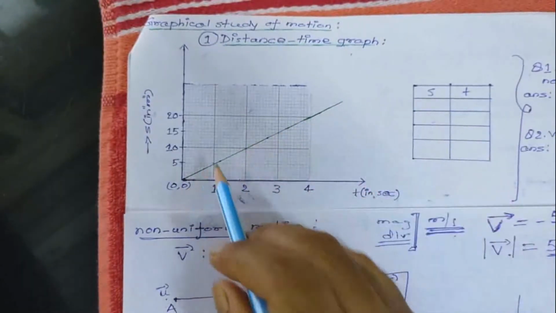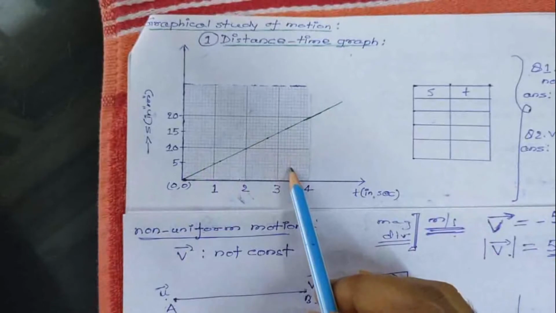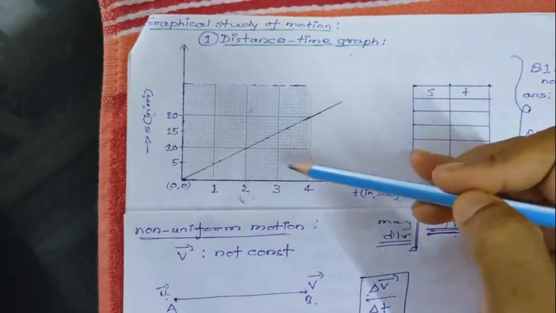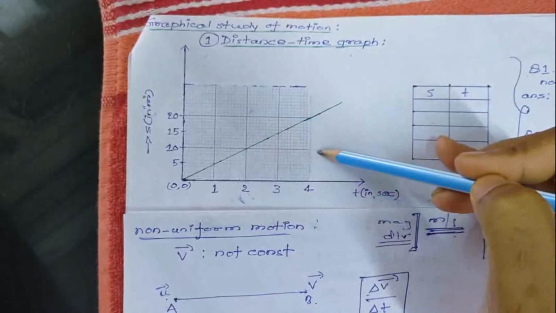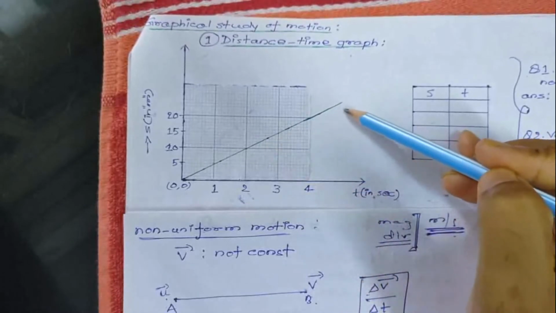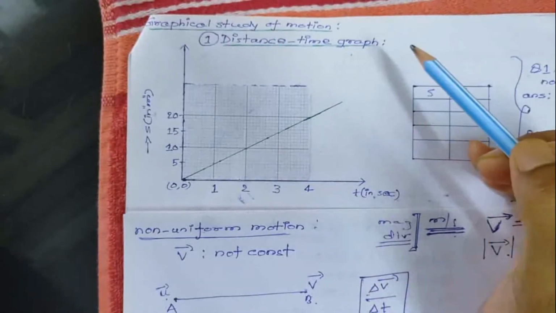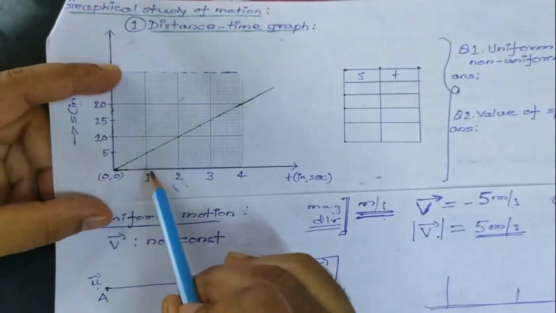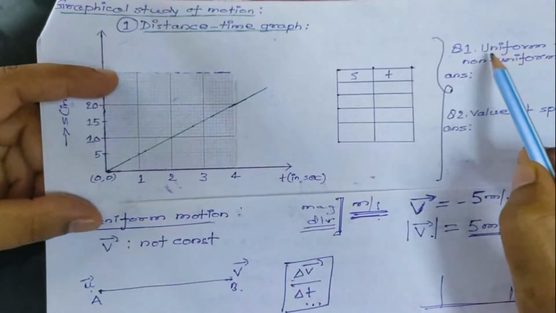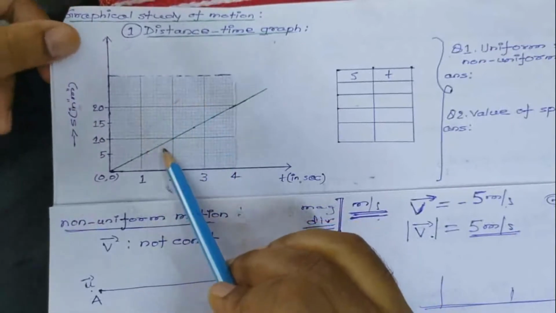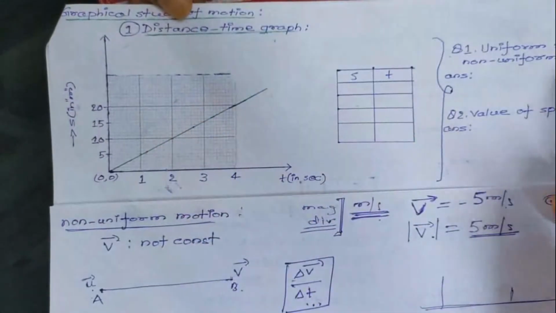What do you see in this? This depicts the motion of an object. Now if I ask you, look at it carefully: is the speed of the object uniform or non-uniform?